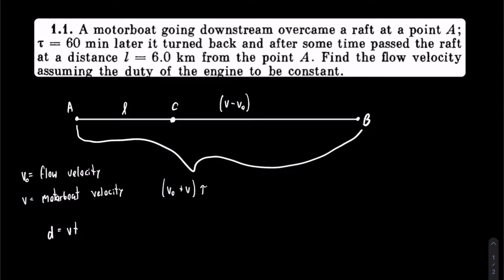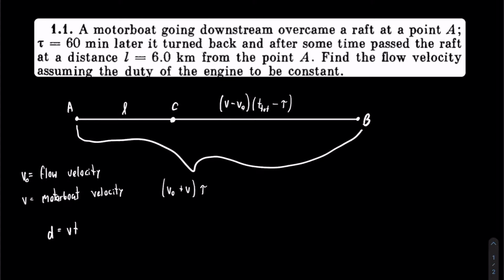I'm going to call this variable t total, or the total time it takes the motorboat to go from point A to point B back to point C. From here, to get the time it takes the motorboat to go from point B to point C, you just have to subtract tau, because tau is the time it takes to go from point A to point B.